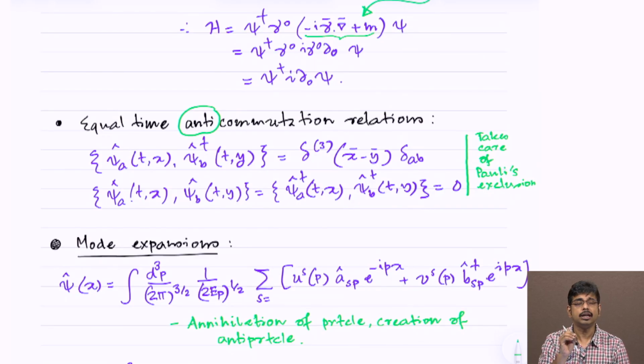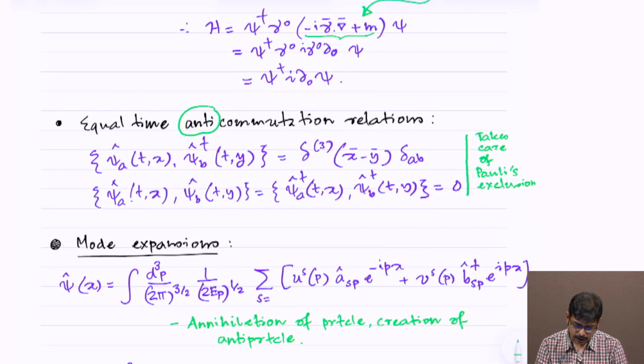If you have the anti-commutation of A comma B, that basically means AB plus BA, where the commutation relation is essentially AB minus BA, and of course, if these are numbers, this AB minus BA will identically go to 0, but just because these are operators, now these are not going to be equal to 0.